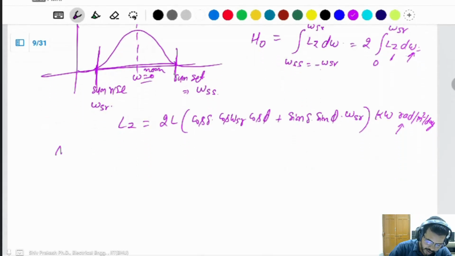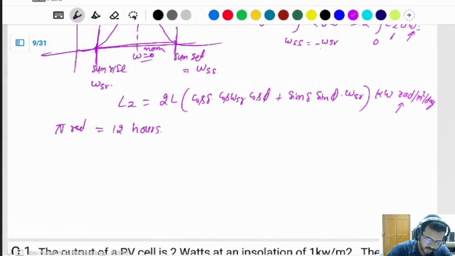You know pi radian is 12 hours, because a day and night together total 24 hours. We take 12 hours for a day and 12 hours for a night. That's why pi, 180 degrees, is 12 hours. If you take 360 degrees, it will be the total 24 hours. Then omega in radian will be 12 by pi into omega in hours.